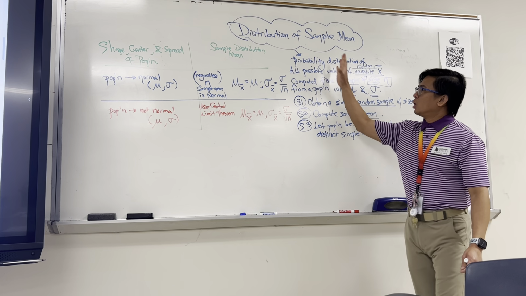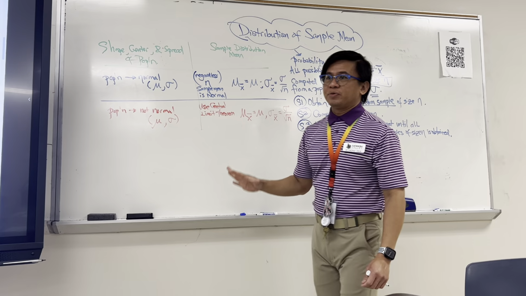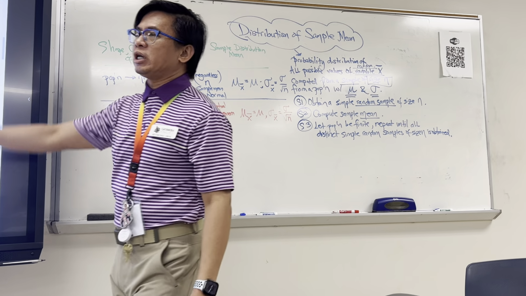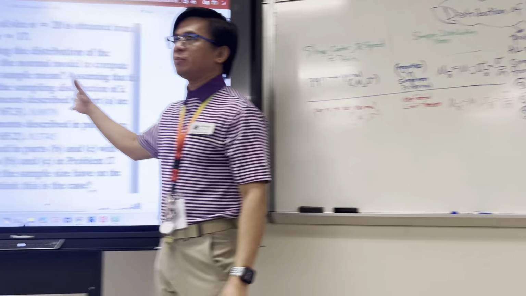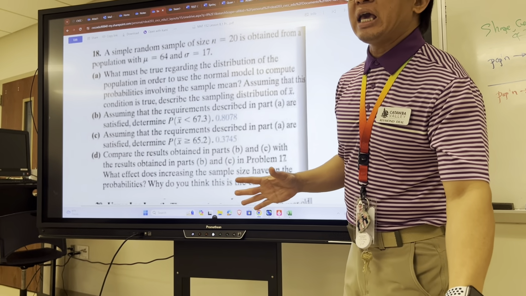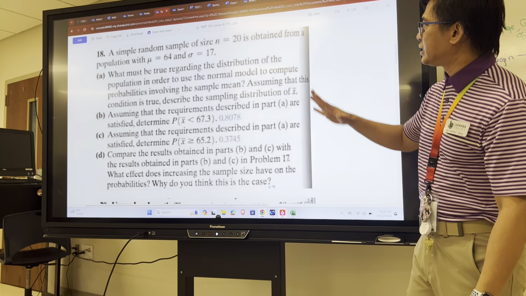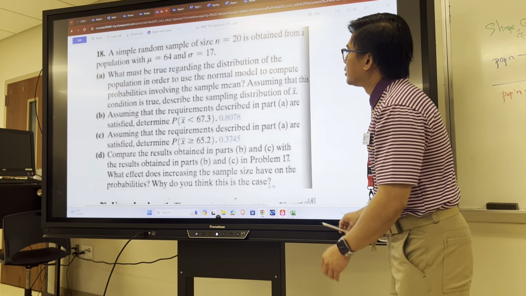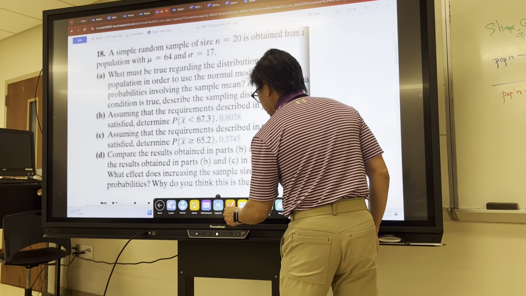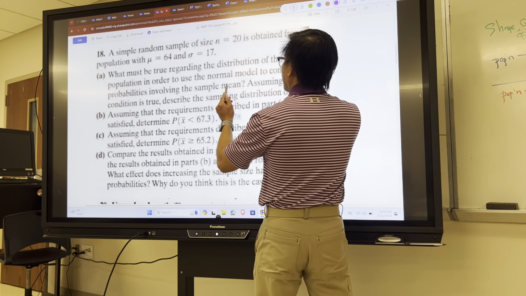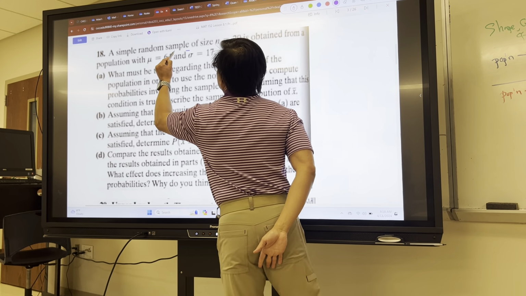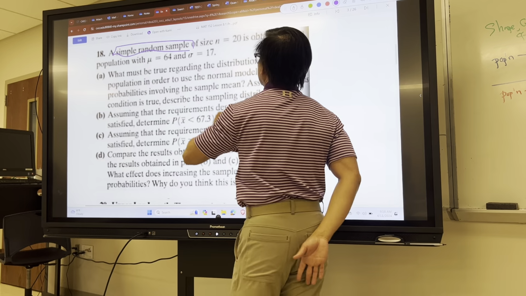Now, what can we say about this one? Let's read this one in here and apply that for this specific case for number 18. All right. Well, let's read it first. Angelina, go ahead, please. Number 18. A simple random sample of size n equals 20 is obtained from a population with a mean of 64 and a standard deviation of 15.